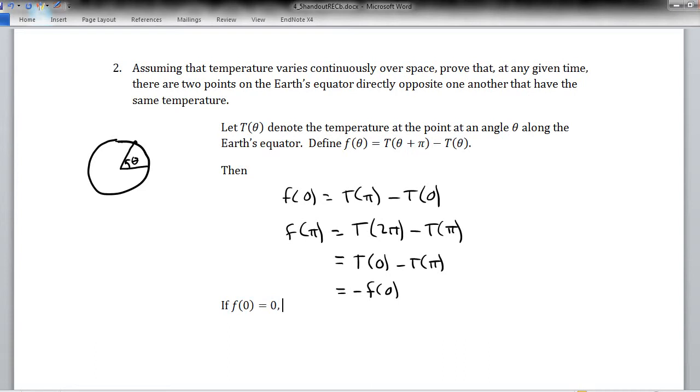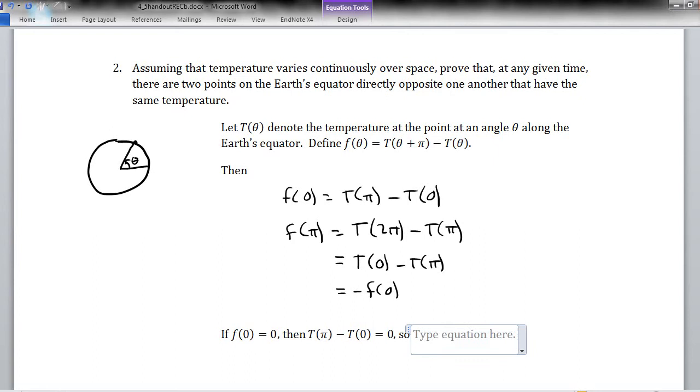Well then, by the definition of the function f, we see that T of pi minus T of 0 in this case would also equal 0. So T of pi is equal to T of 0. And in that case, we're done. We found 2 opposite points with the same temperature.